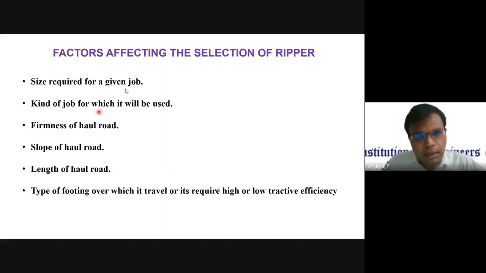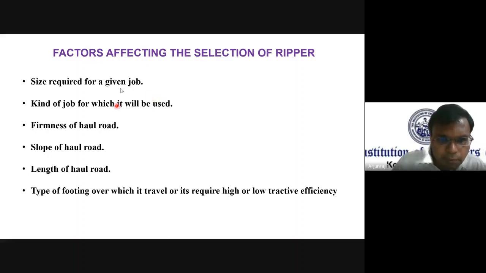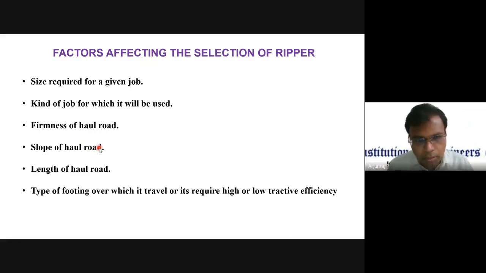But there are some factors affecting the selection of a ripper. We have seen some factors for other machines, and we need to apply the same for a ripper as well. What is the size required for a given job, and what kind of job will it be used for? The firmness of the haul road, the slope of the haul road, and the length of the haul road all need to be considered when you select the ripper.